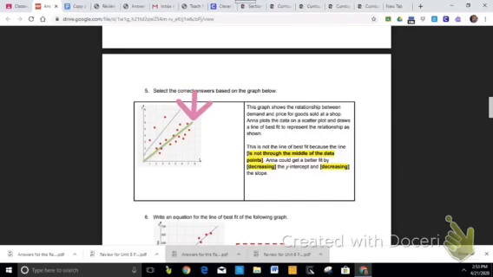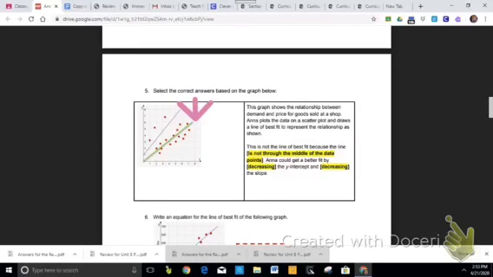Look at the green line. The green line is a much better line of best fit because it's in the middle of all of these dots and all of these dots. So the green line is the line of best fit pretty much.